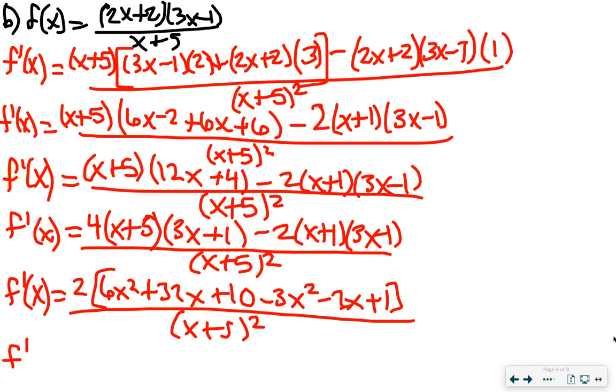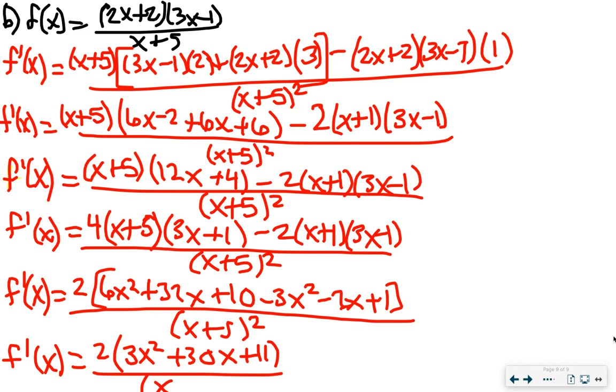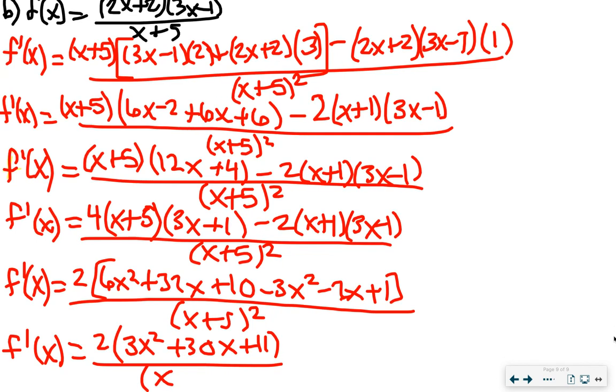Alrighty. So I think I've got 2 times 3x squared plus 30x plus 11 all over my x plus 5 squared.